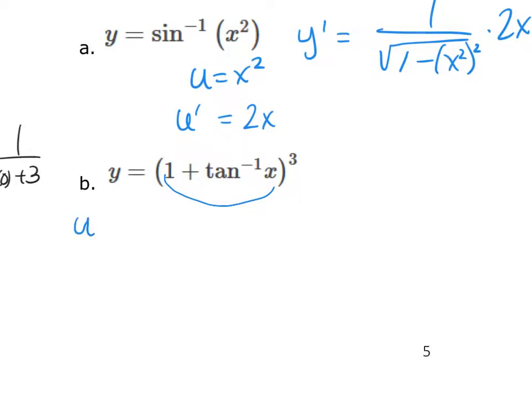U is equal to 1 plus the tangent inverse of x. I don't have to worry about the angle because my angle is linear. That means u cubed is equal to 1 plus the tangent inverse of x, cubed.